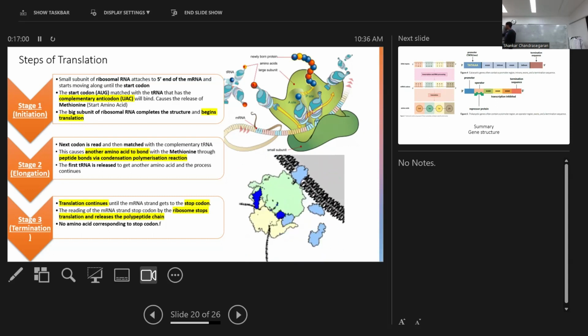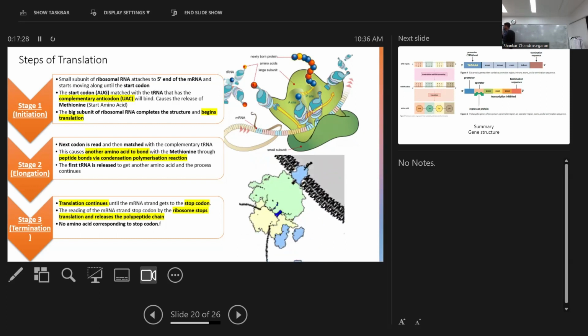At site A, it first tries to match itself with the complementary mRNA strand to see whether the amino acid is to be released. Once it finds the complementary strand, the amino acid is then bonded together with the polypeptide chain. Once it gets to the P site, it will then release the amino acid, allowing it to form a chain, and then the tRNA will be released from the ribosome altogether.